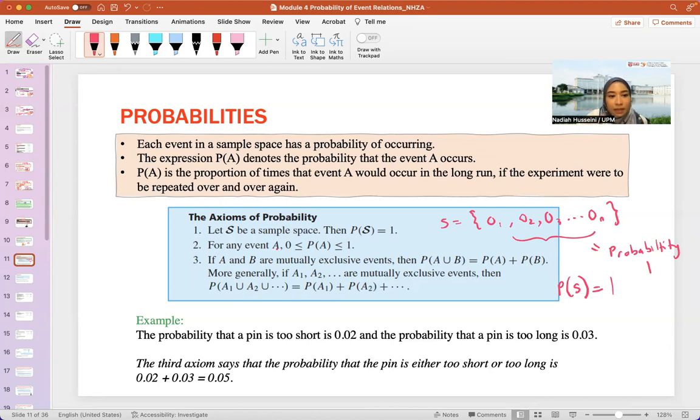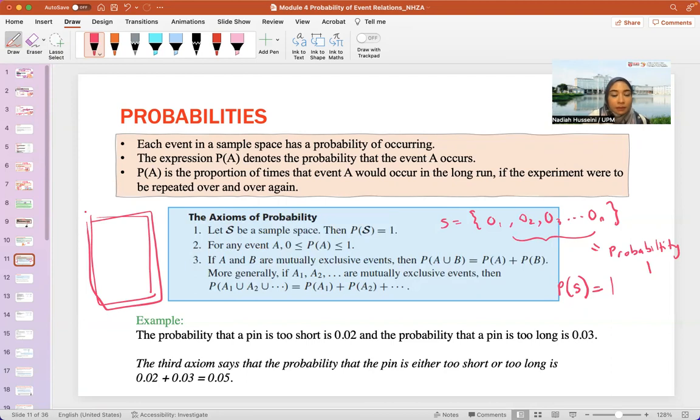So for any event A that is a subset of the sample space, the probability must be greater than or equal to 0 and less than or equal to 1. It can be equal to 1. Why? Because sometimes when you have a population, your subset can be the entire population.